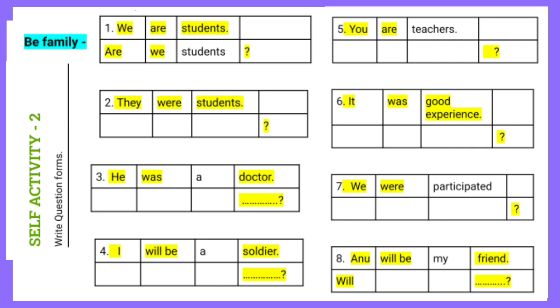He was a doctor. Fourth one, I will be a soldier. Fifth one, you are teachers. Sixth one, it was good experience. Seventh one, we were participated. Eighth one, Anu will be my friend. So, my dear friends, the rest of the 7 sentences you have to change into question forms. Okay? All the best. You try your best.